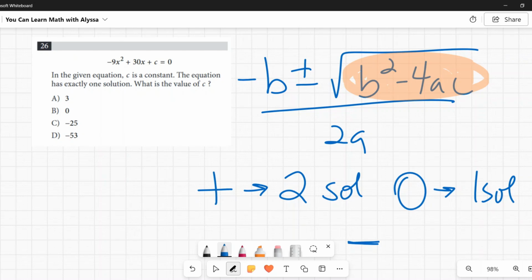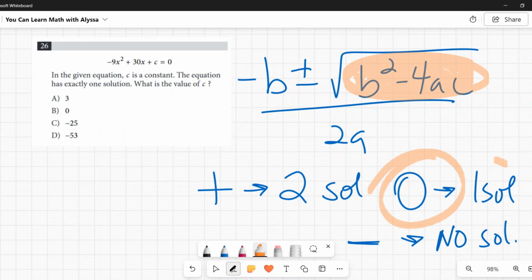And if it is negative, it has no real solutions. It has imaginary solutions, but no real solutions. Now they want exactly one solution. So the best way to do it is: this right here under the radical needs to equal 0. That's how we're going to figure this out.